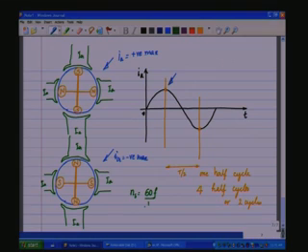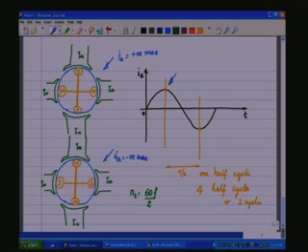If there are 2 pole pairs, 2 cycles of this one are needed to make one complete mechanical revolution. So the mechanical synchronous speed is 60 f by 2. And if there are 3 pole pairs, it becomes 60 f by 3.